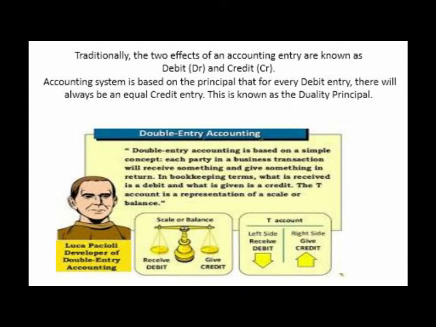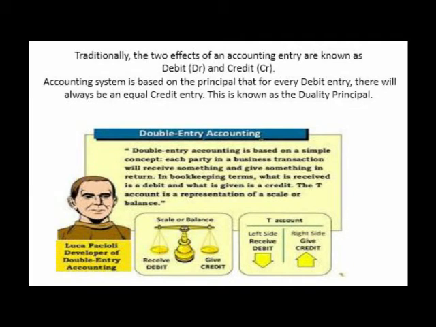Traditionally, the two effects of an accounting equation entry are known as debit and credit. The accounting system is based on the principle that for every debit entry there will always be an equal credit entry, and this is known as the duality principle.